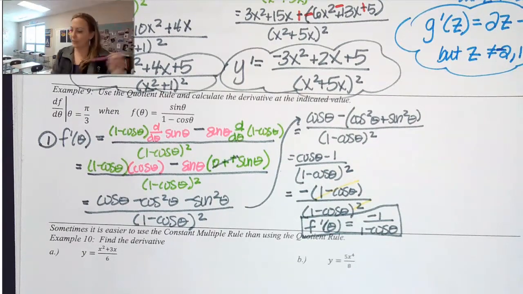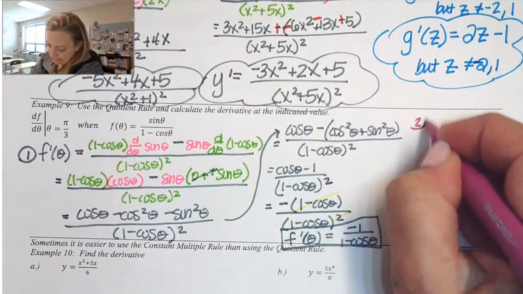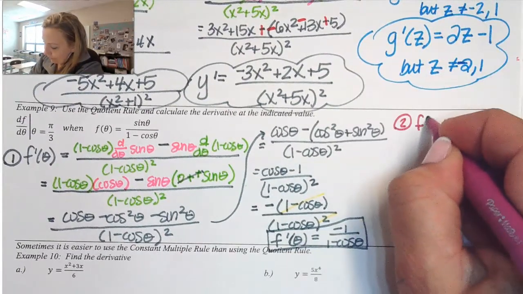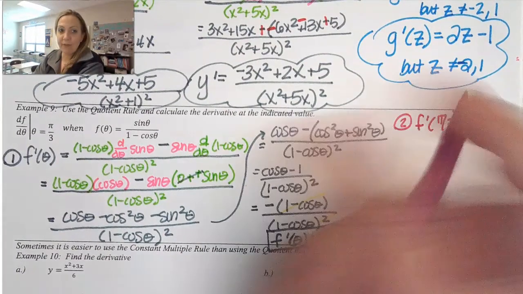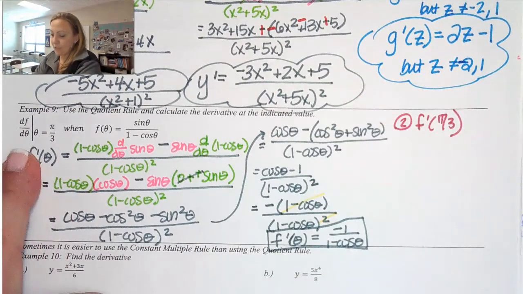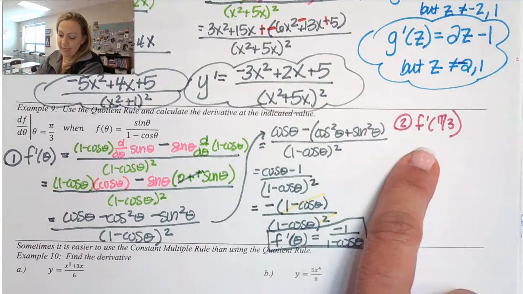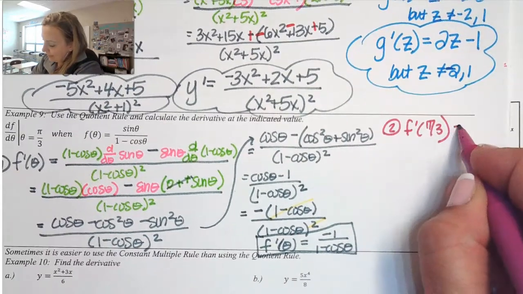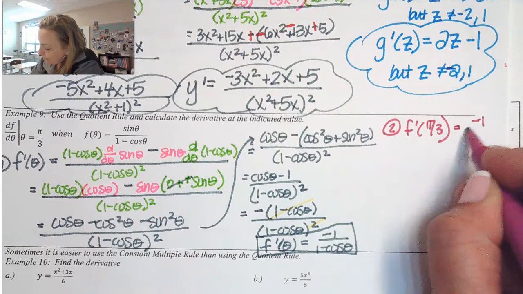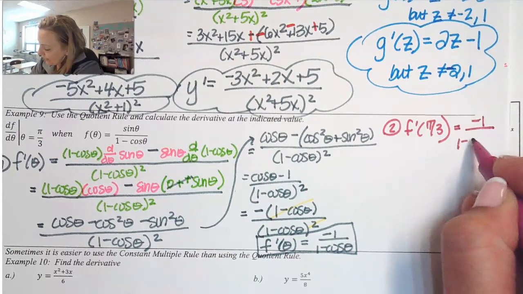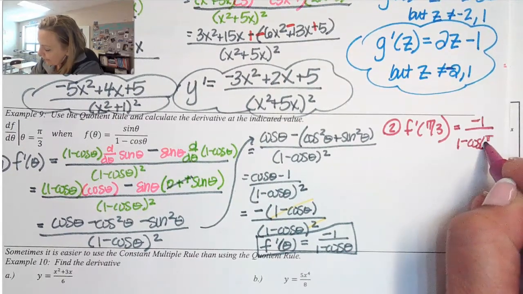So then the next thing we can do is evaluate. Now this is asking us to find essentially f prime of pi thirds. Remember that this notation wants us to evaluate df d theta when theta is pi thirds. That's the same as saying f prime of pi thirds. Okay. So it's going to be negative 1 over 1 minus the cosine of pi thirds.